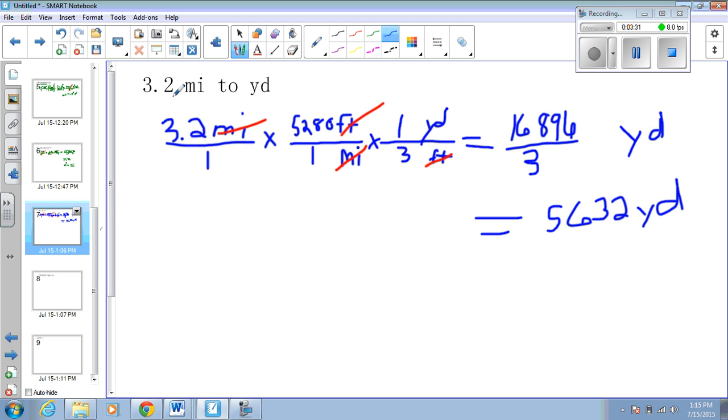I started with 2 significant digits. I got to end with 2 significant digits. So really, what I have is 5,600 as far as significant digits go. And if I put that into correct scientific notation, that's 5.6 times 10 to the third yards.